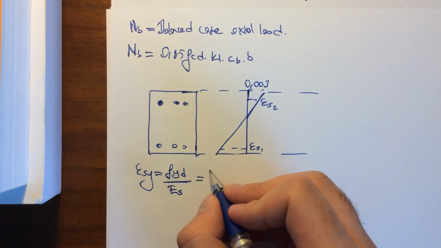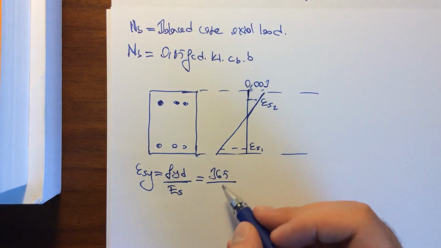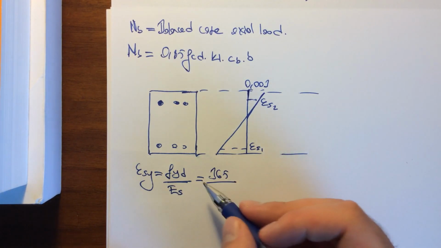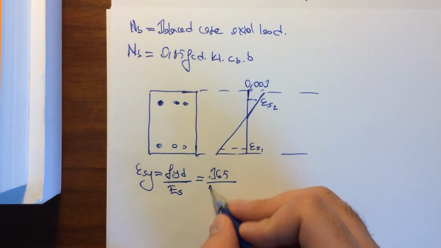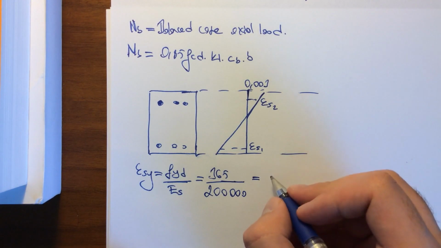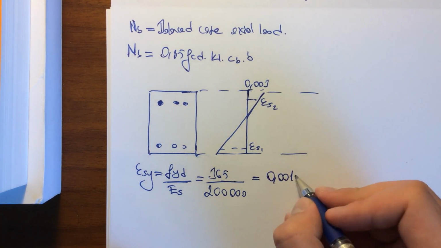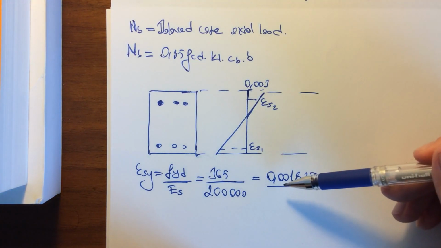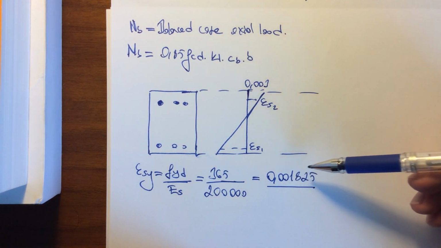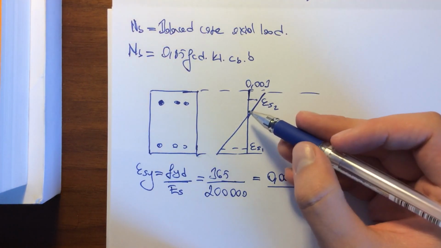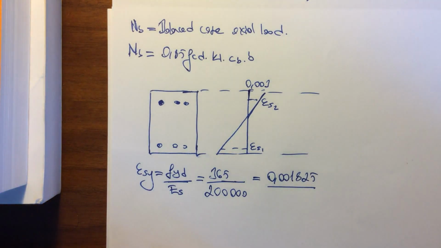So fyd in this question is 365 megapascals, and we know that the modulus of elasticity of steel is 200 gigapascals, and when you do the calculation, you get the yield strain as 0.001825.